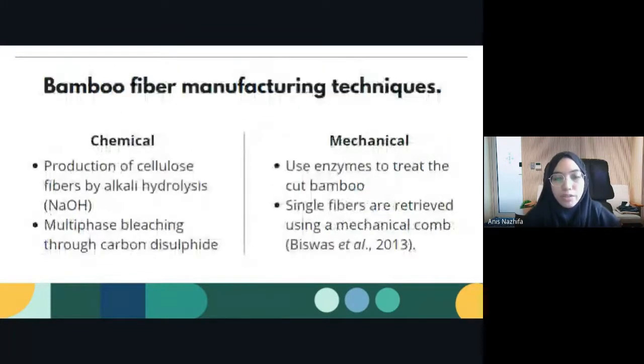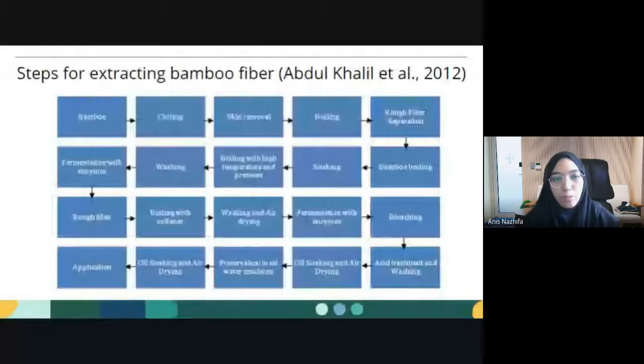There are two kinds of extraction involved in acquiring bamboo fiber, notably mechanical and chemical process, both of which start with the splitting of bamboo into strips. The chemical method entails the production of cellulose fiber by alkali hydrolysis, followed by multi-phase bleaching through carbon disulfide. Mechanical process uses enzymes to treat the cut bamboo, resulting in development of a spongy mass from which single fibers are retrieved using a mechanical comb.